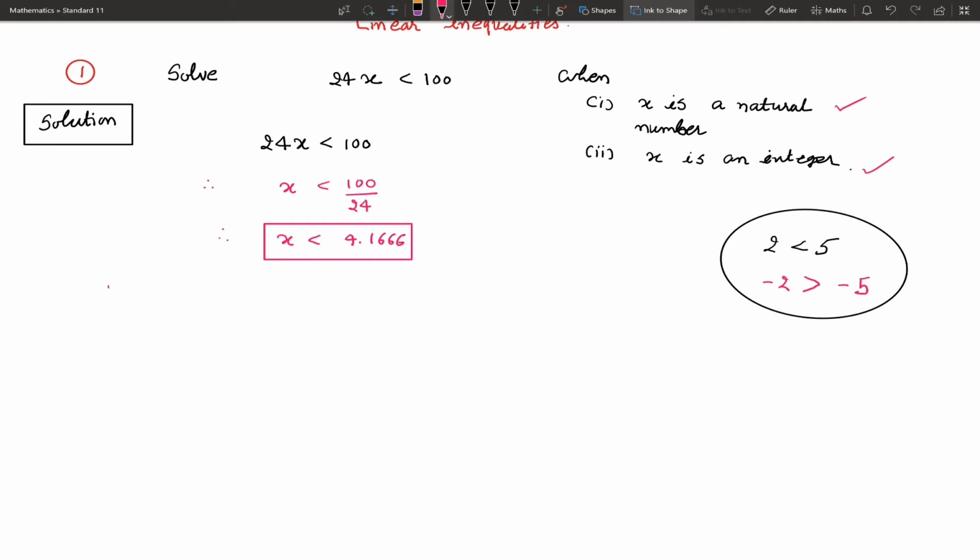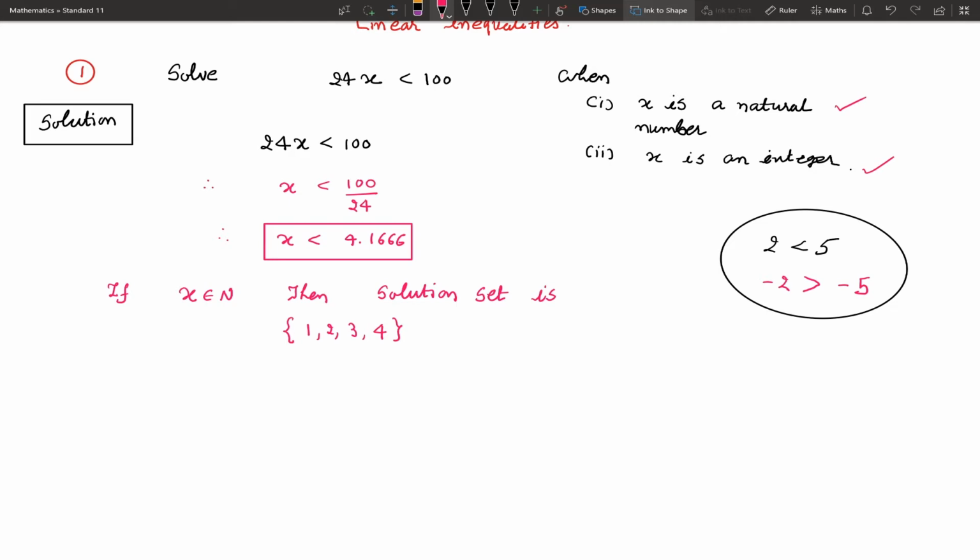So if x belongs to N, the set of natural numbers, then the solution set is the set 1, 2, 3 and 4. These are the natural numbers which are less than 4.1666.